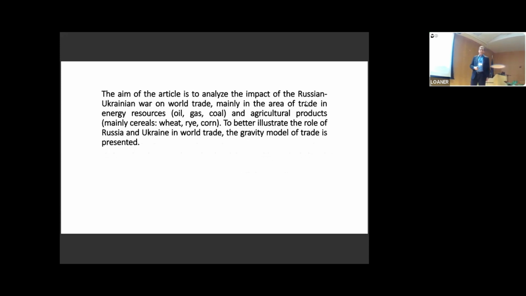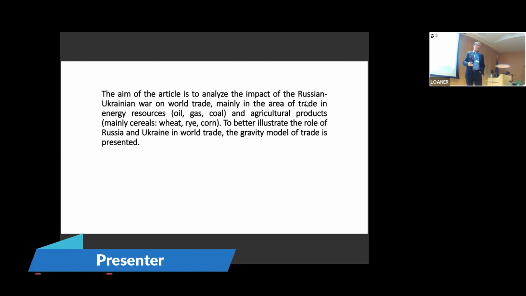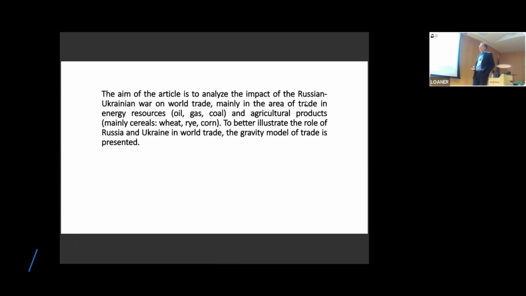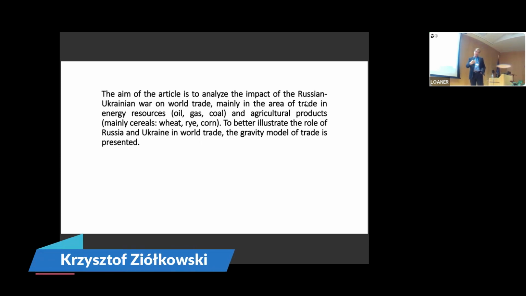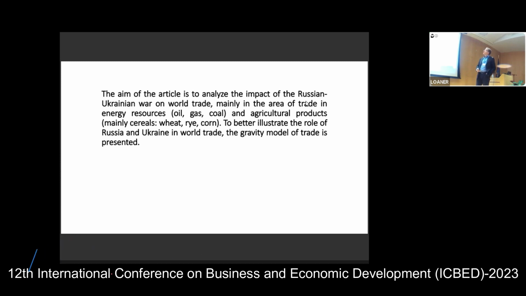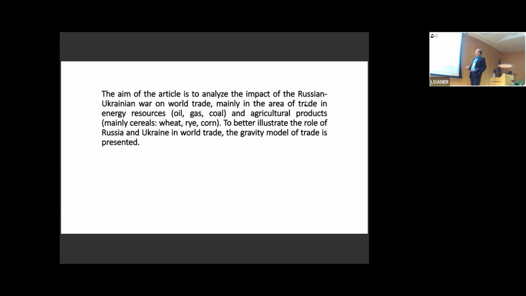And last year, after the Winter Olympic Games, the war started, and it has had a huge impact mainly on European and Western countries, because they are more strongly dependent on Russian energy sources like oil, gas, and coal, but also agricultural products like cereals, wheat, rye, and corn.